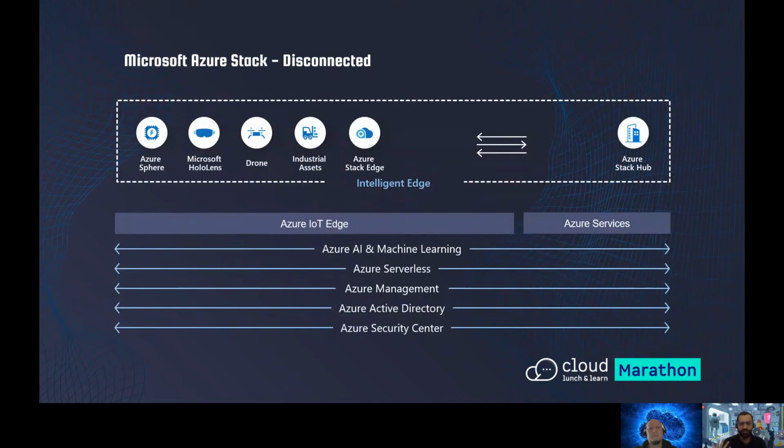And this is how basically a disconnected scenario would work. We will replace basically the public cloud with Azure Stack Hub. So you can still run the same capability you had with the public cloud on Stack Hub. While Azure Stack Edge will need either Hub or public cloud to function.